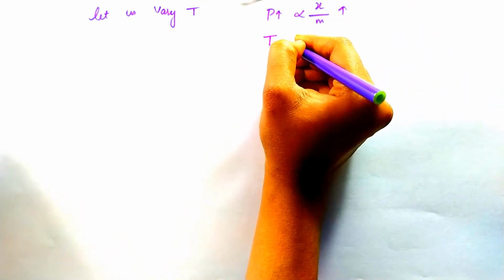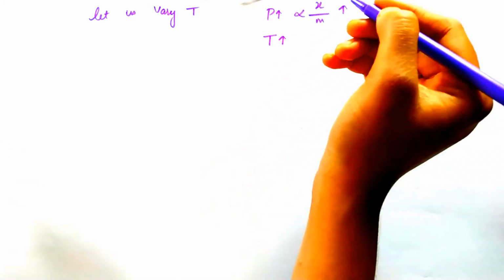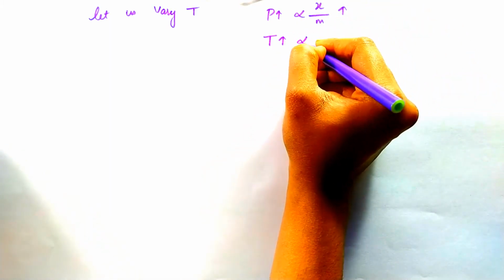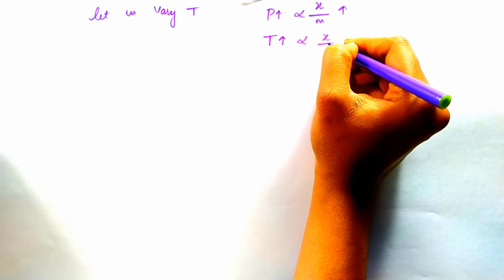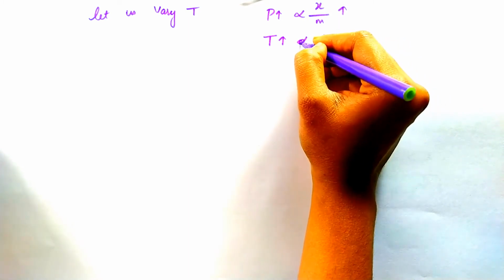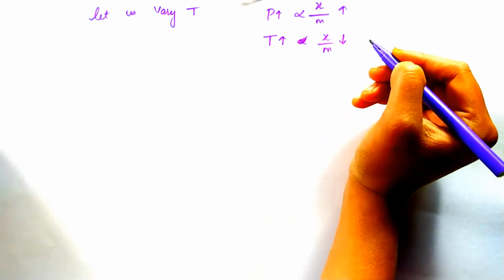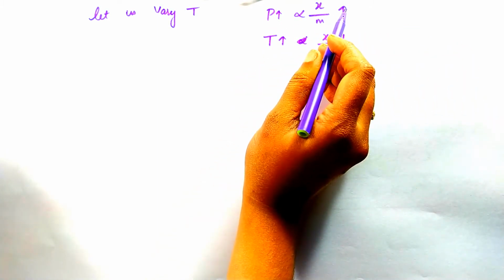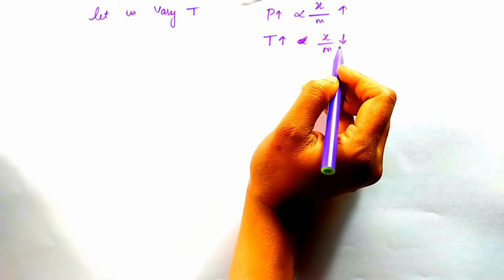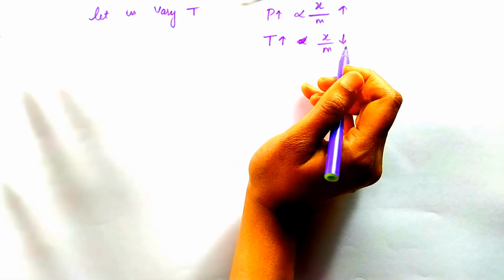If we increase the temperature, what will be the extent of adsorption? The extent of adsorption is inversely proportional, therefore it decreases. As the pressure increases, extent of adsorption increases. As the temperature increases, extent of adsorption decreases. Let us see the graph.